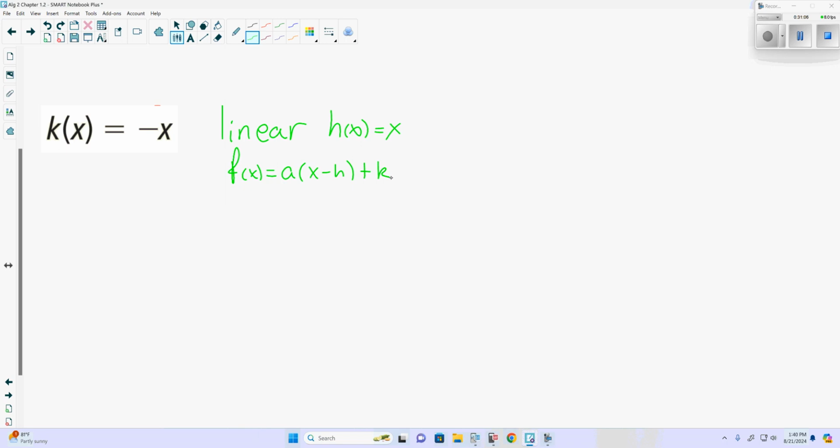But the value of a is negative, so this is a reflection across the x-axis. That's it. That's the only transformation. Questions on this here?